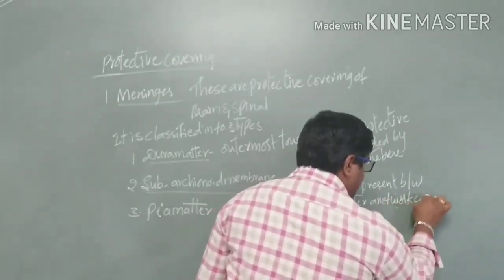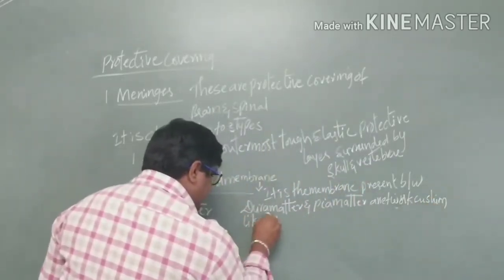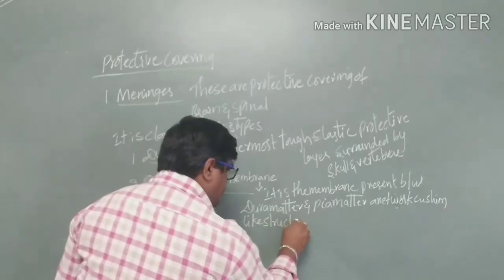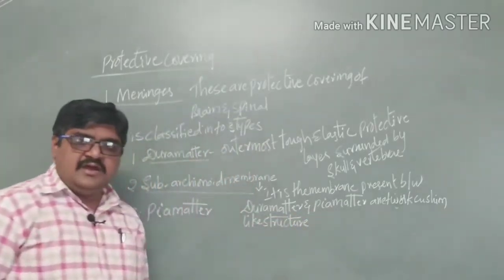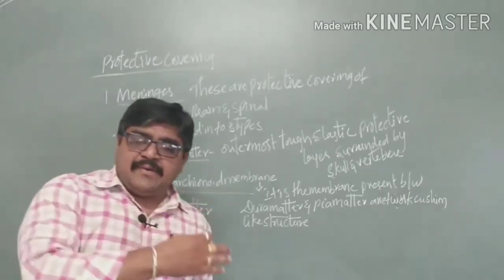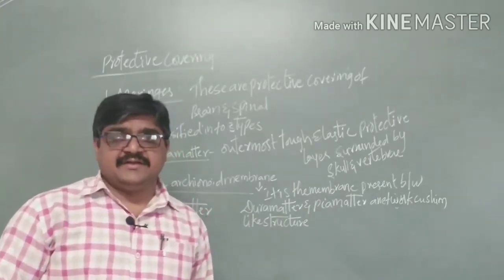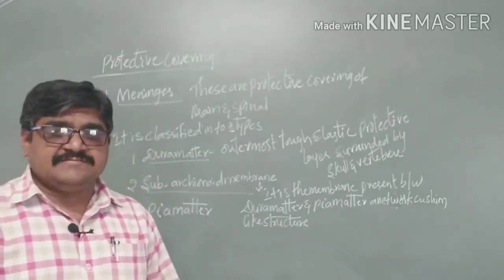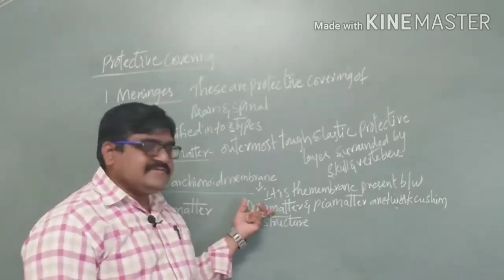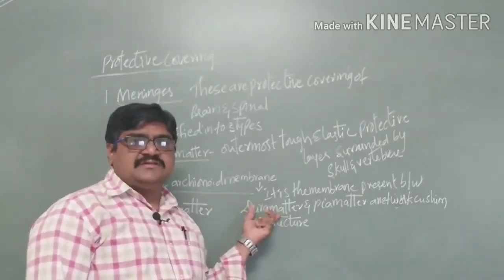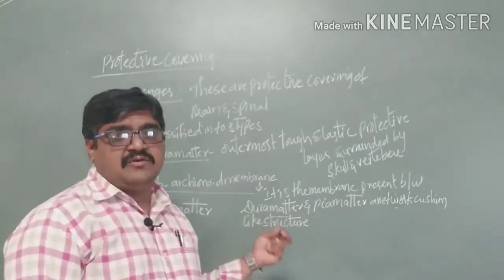It is separated by a space called the dural space, and it is also present in the subarachnoid space.